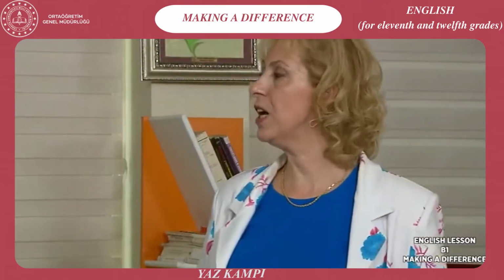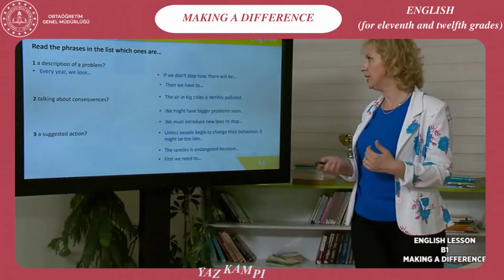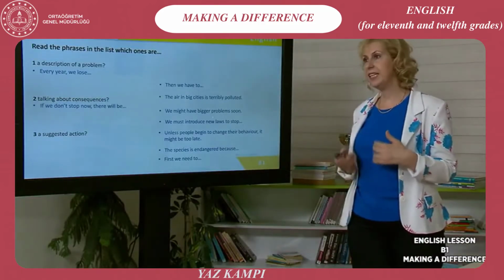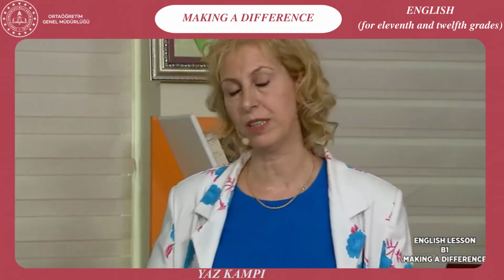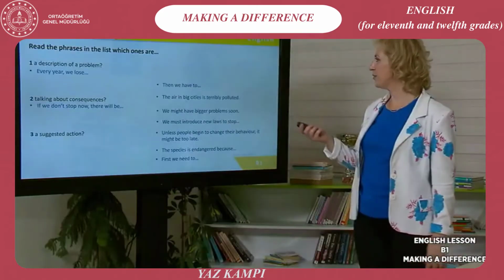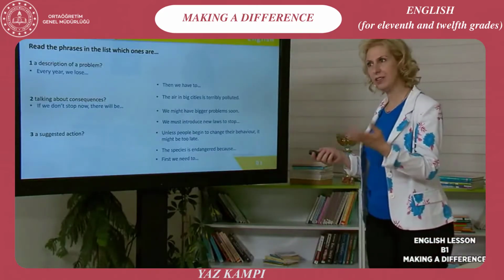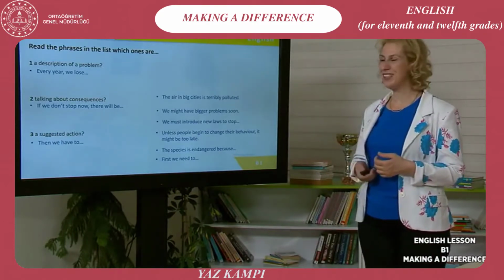"If we don't stop now, there will be." This is what? Yes, this indicates the consequences. When we talk about the consequences, this is an example. Then "we have to," as you all understand, indicates a suggested action.